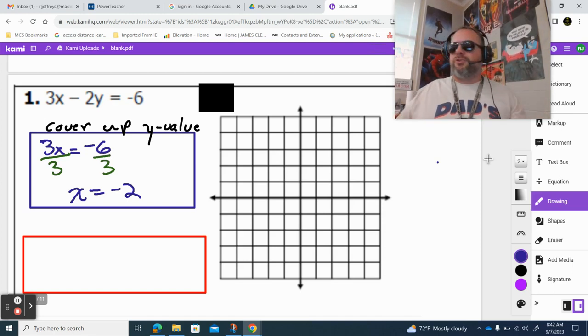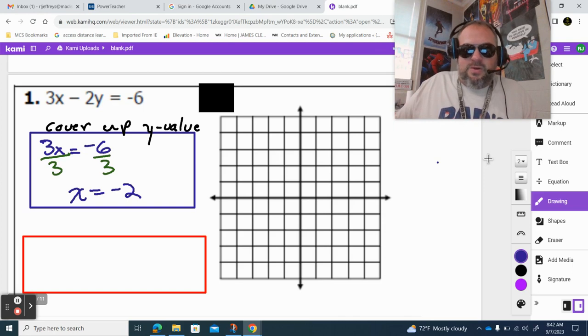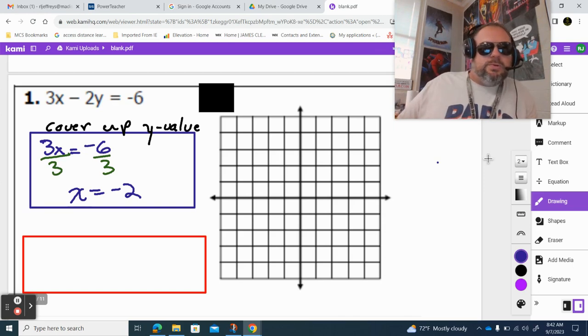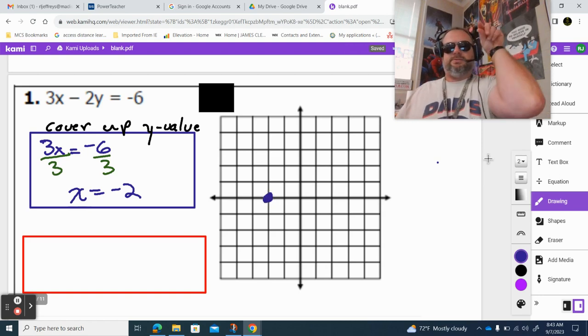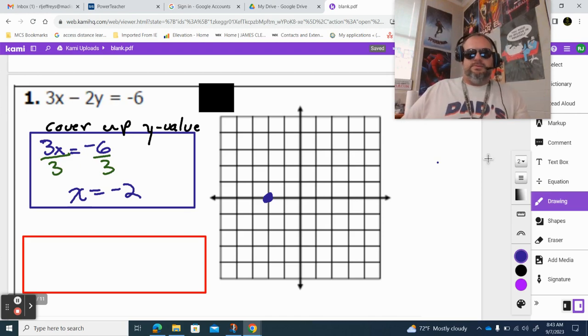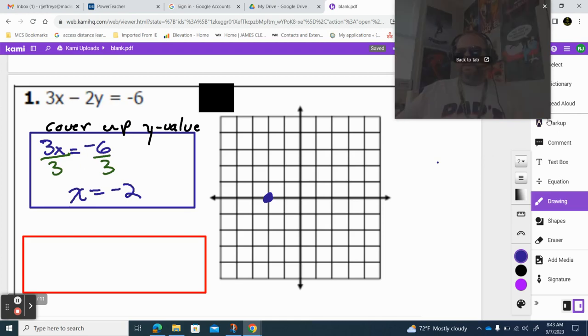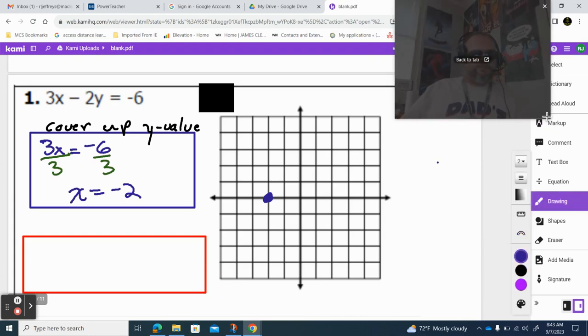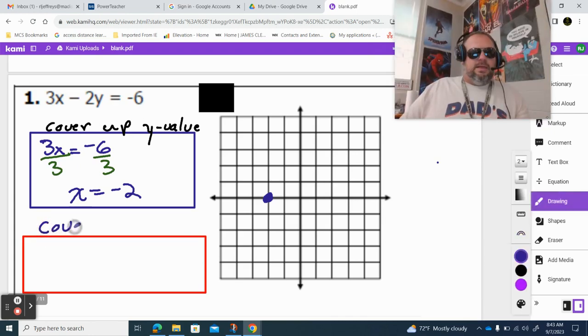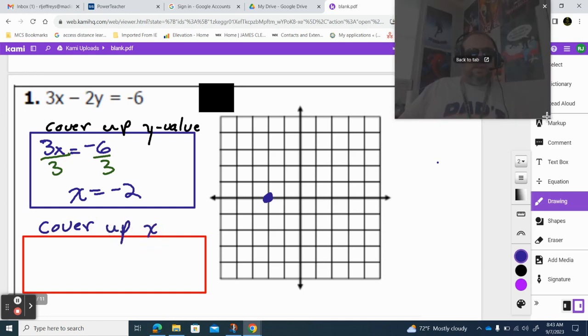So we go to the graph. We start at 0, 0. We go 1, 2. Make a dot. Okay. Now cover up the x value.